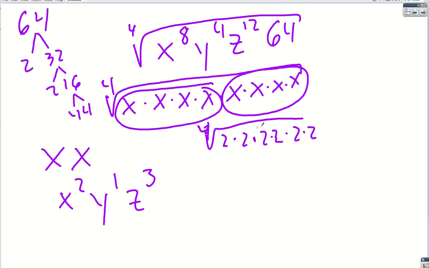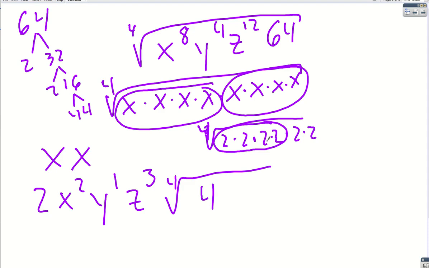So it says circle groups of 4, 1, 2, 3, 4. So that means one group of 2 gets to come out, and 2 times 2 stays inside. So the number I circle comes out, but if I don't circle, I multiply them together, and that's what stays inside.